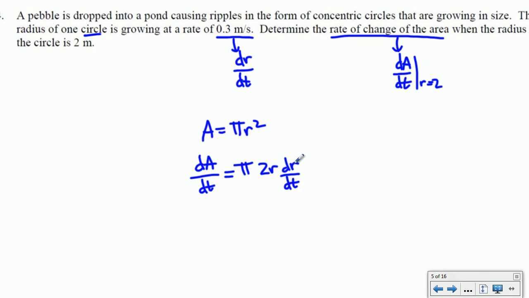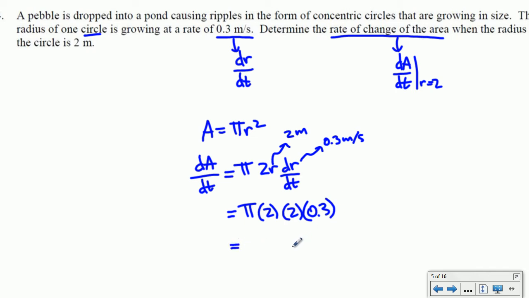And now we can sub in what we know. So we need dA/dt when r is 2, so pi is fine. r is 2 meters, and dr/dt is 0.3 meters per second. So basically just a plug and chug. So pi times 2 times 2 times 0.3.